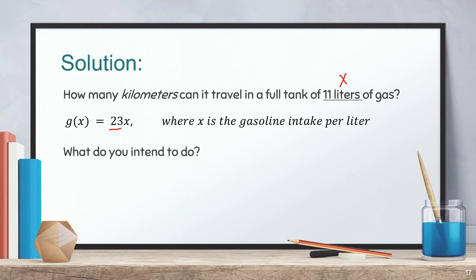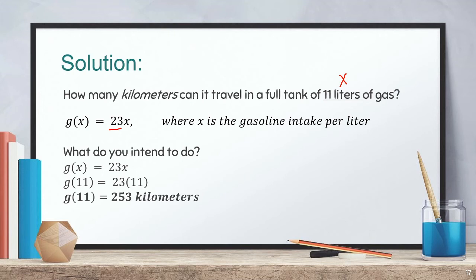So we just have to multiply 23 and 11. We plug in 11 for the value of x. So 23 times 11 is 253 kilometers. That's the answer. So if there are 11 liters of gas in that vehicle, it can travel 253 kilometers.